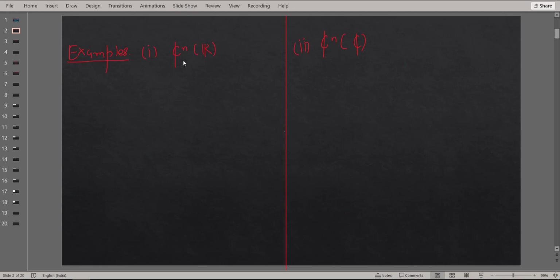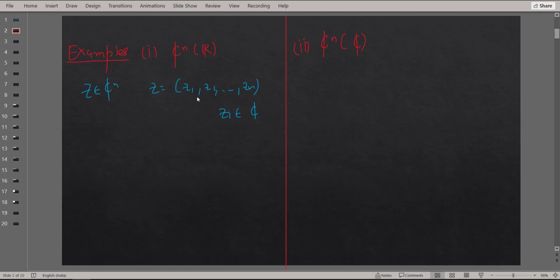Now example first is Cn over R. According to step first, we will select a vector from Cn. Any vector Z belonging to Cn is of the type Z equals Z1, Z2, ..., Zn, where each Zi comes from complex numbers and i runs from 1 to n. Now according to step 2, we will express these in terms of elements of the field.